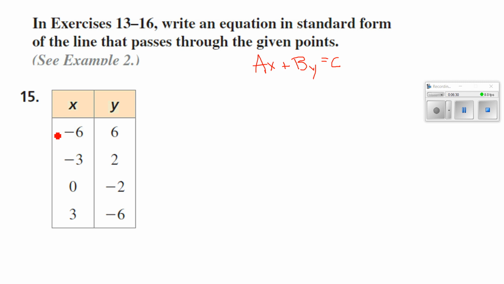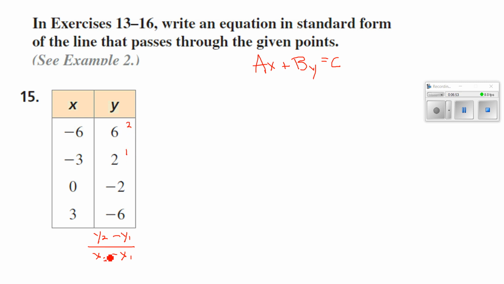If we look at this, we could take any 2 points, right, and use our slope formula: y2 minus y1 over x2 minus x1. So if we're going to do this, I'm going to label this one my 2's and this one my 1's.